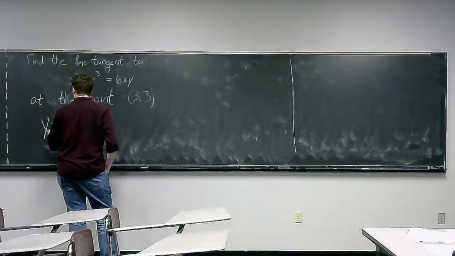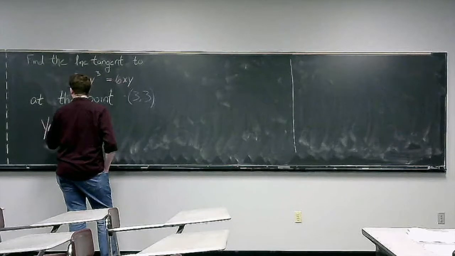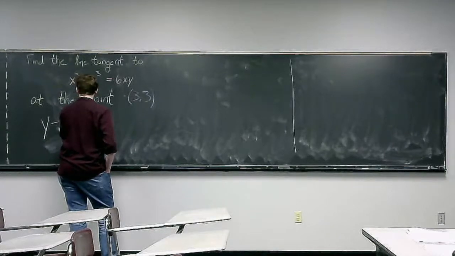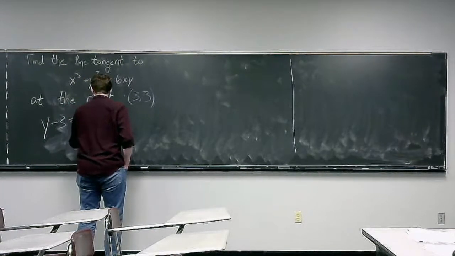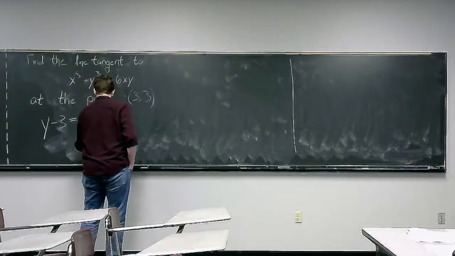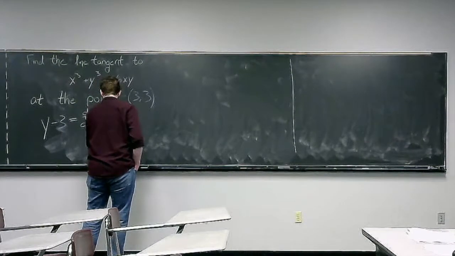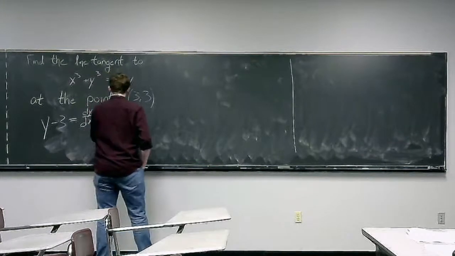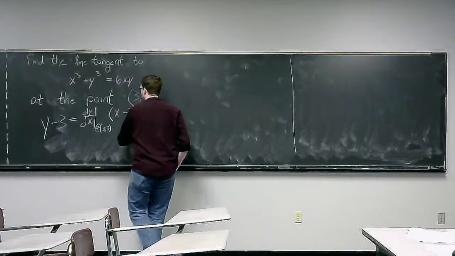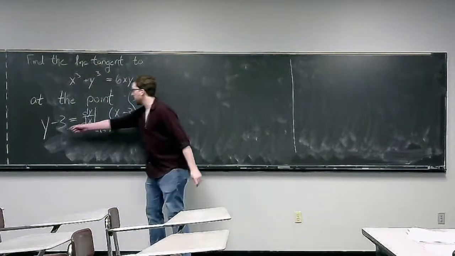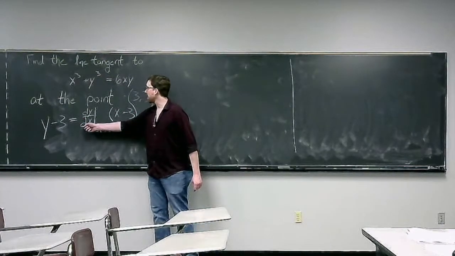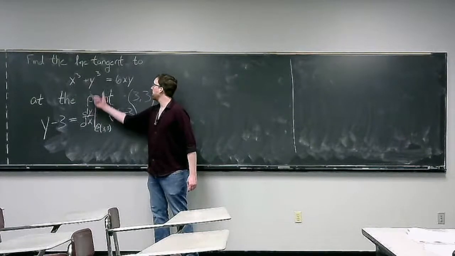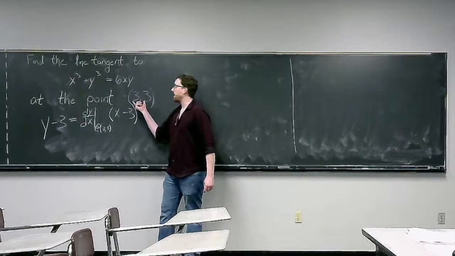So we're going to find the line y minus 3 is equal to dy dx at the point 3, 3 times x minus 3. Now these 3's are coming from the point, and what I am saying here is we want the derivative of this thing at that point, right?